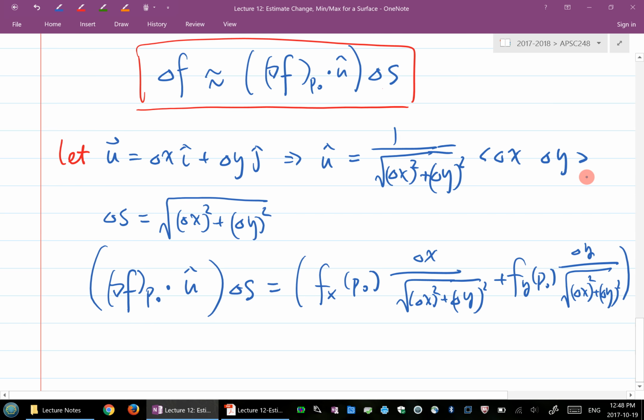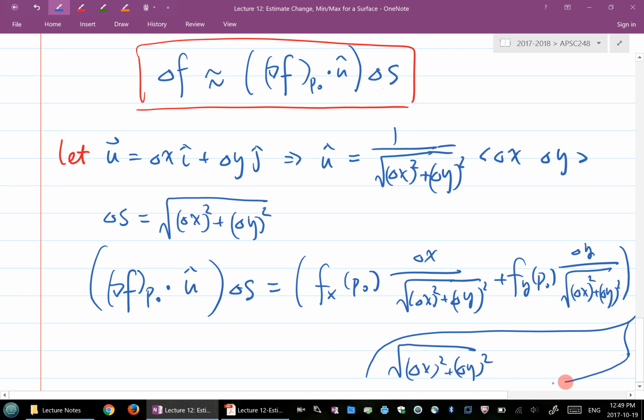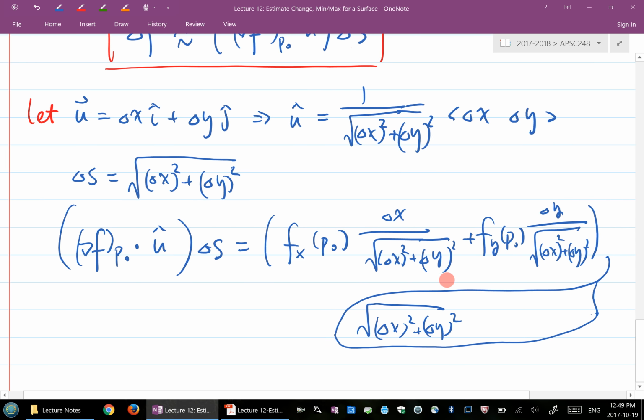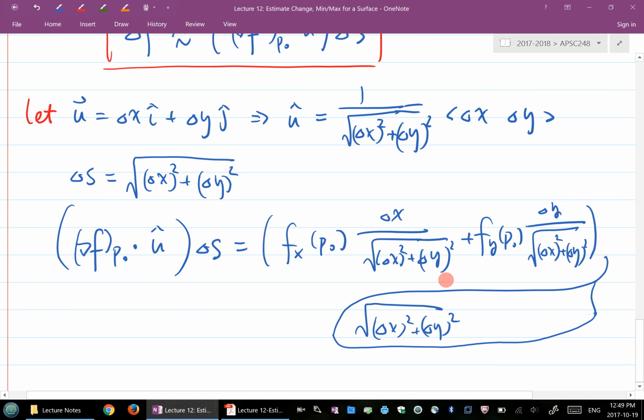And then the whole dot product is multiplied by delta s, which is the square root of delta x squared plus delta y squared. According to this given information.